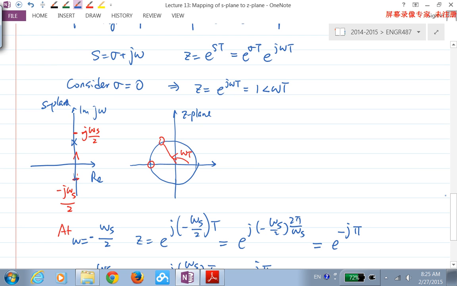As you're moving up in the S plane, you can't move away from the unit circle in the z plane. It doesn't matter how you move here, you're still going to be on the unit circle, tracking the circle from this location and back to this location.